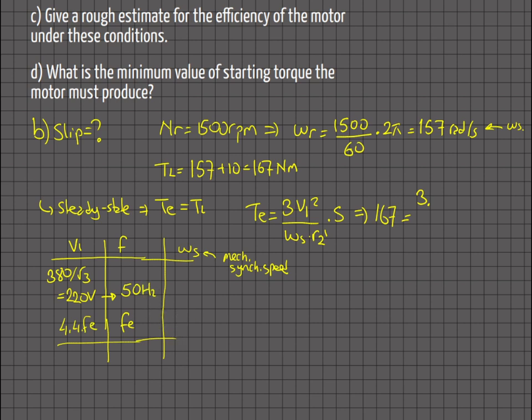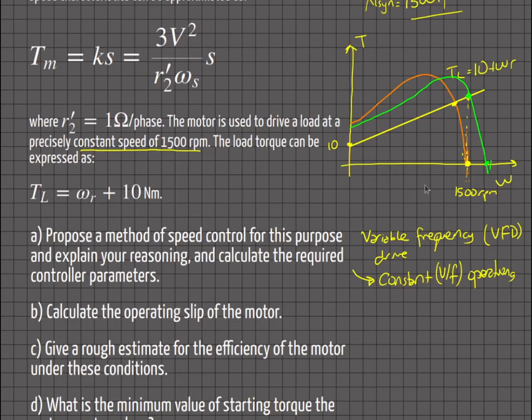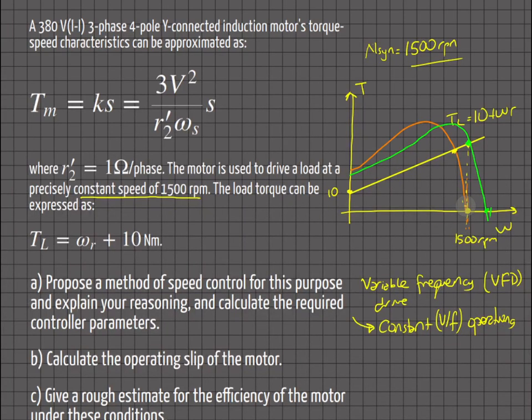For that it was like 50 pi, but actually that is not my synchronous speed. That is what I want my rotor to operate at when we apply 50 hertz. The synchronous speed is that one, but due to slip it will be running at a lower speed.